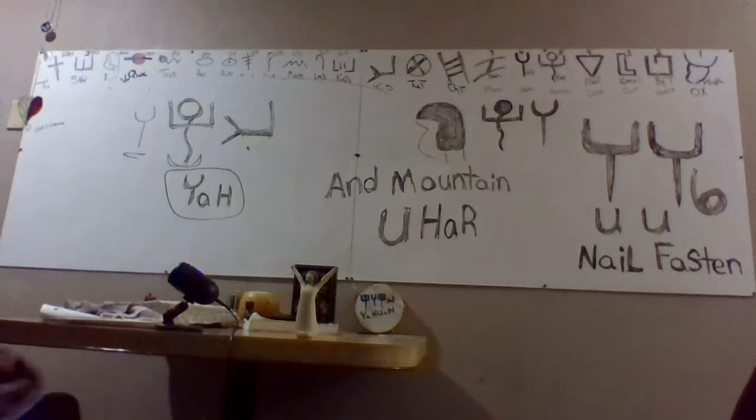Bereshit chapter 2. And thus the heavens and the earth were completed, and all their array. And in the seventh day Elohim Yahuwah completed his work which he had done. And he rested in the seventh day from all his work which he had made. And Elohim Yahuwah blessed the seventh day, and he set it apart, because on it he rested from all his work which Yahuwah in creating had made.